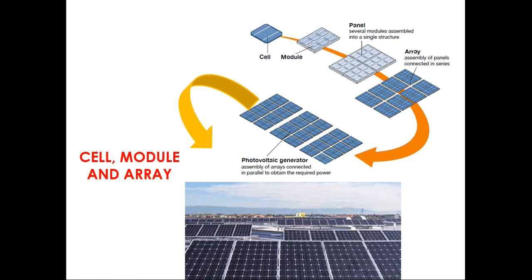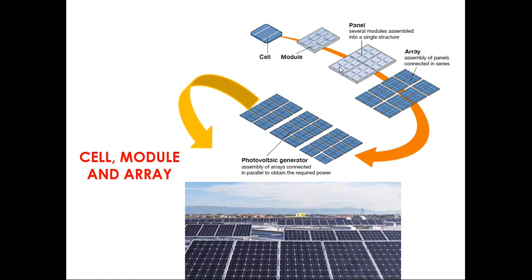Now how can we convert this cell into module and into array? Here the panel can be counted as a module only, but in certain projects or experiments where we have module characterization or cell characterization, we may use a limited number of cells in series and parallel combination to become a module.